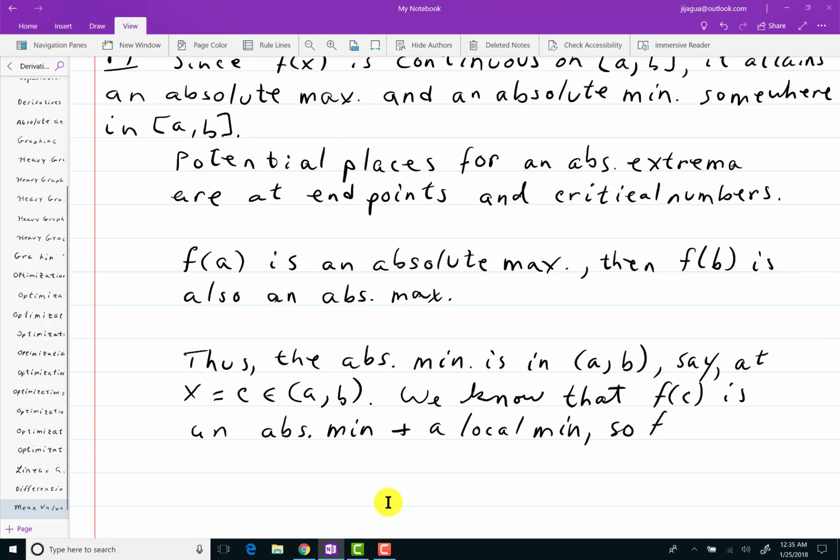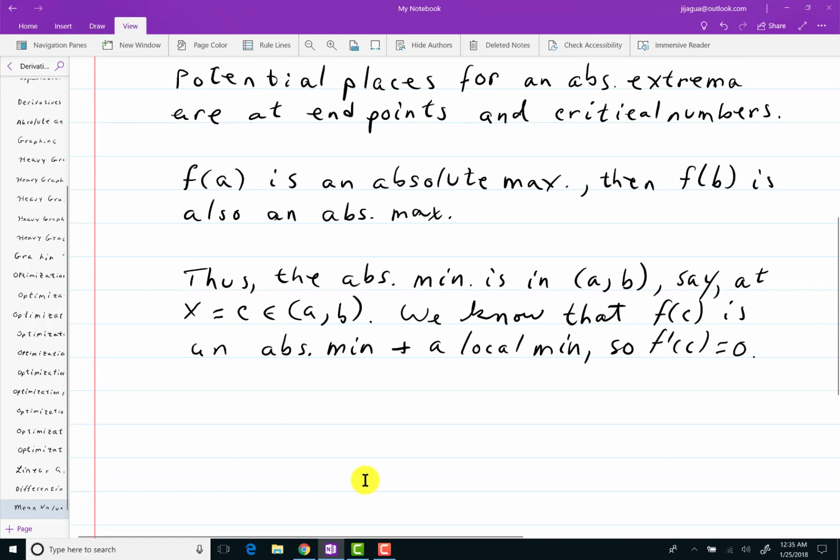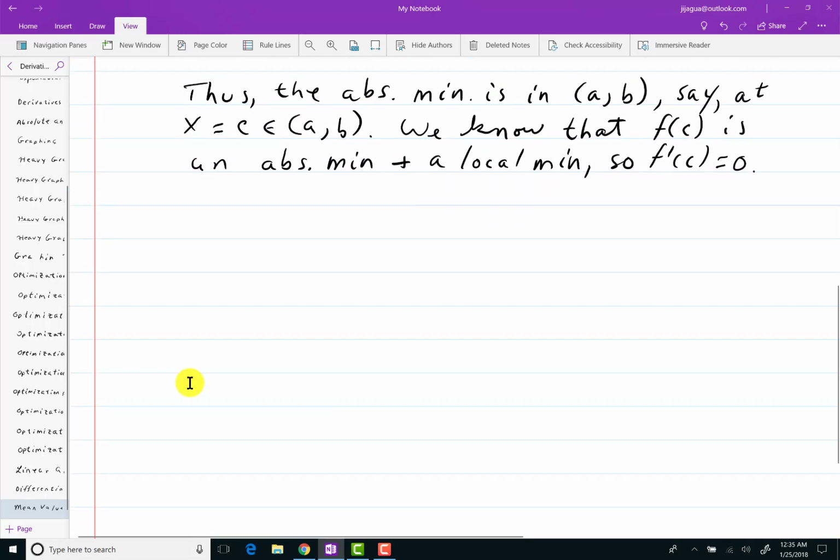So f prime of c equals 0. And then if you don't assume any of these happen, you don't have an absolute max or min at the endpoints, it's even easier. You'll have more points in the interior that can give you places of 0. So that's not that big of a deal.